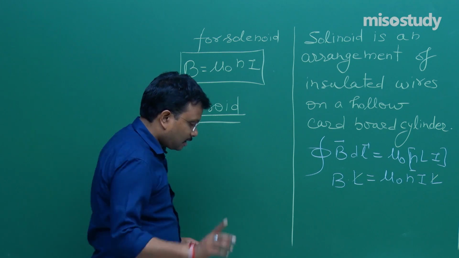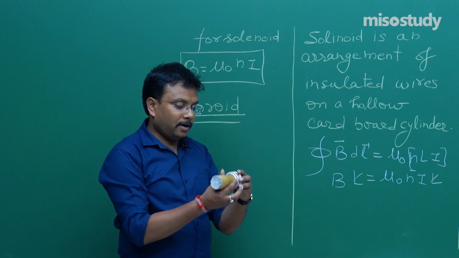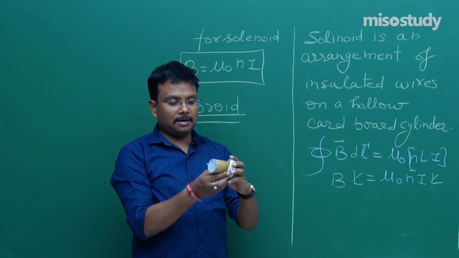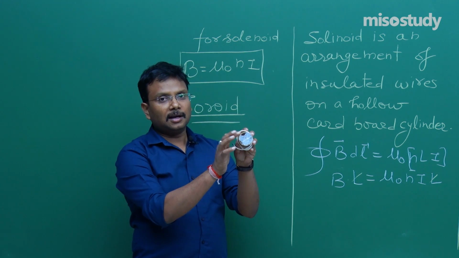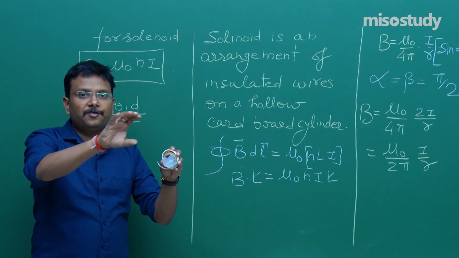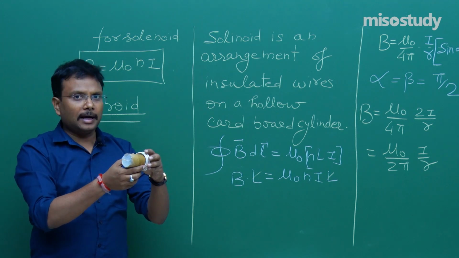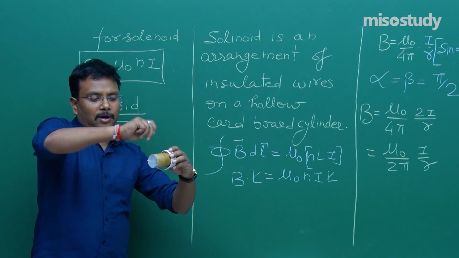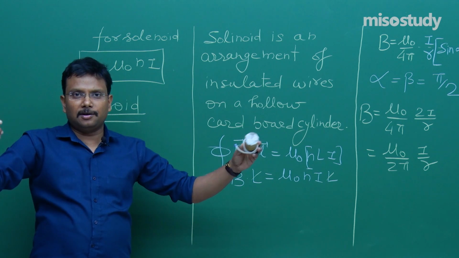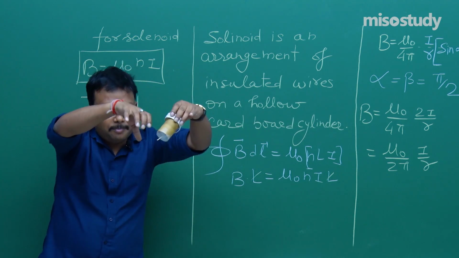A toroid is, consider this solenoid once again, but this time let us say rather than cardboard I am using a hollow soft plastic pipe, a rubber pipe, fine, I can use that, no problem, and then 1, 2, 3, 4, 5, 6, 7 thousand turns. So now I have a long solenoid and that can be turned.